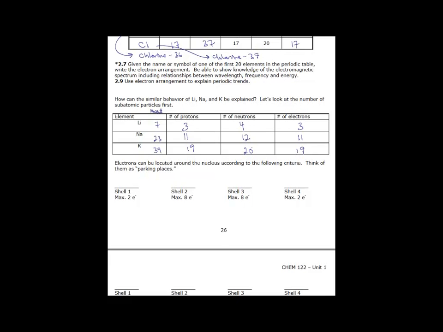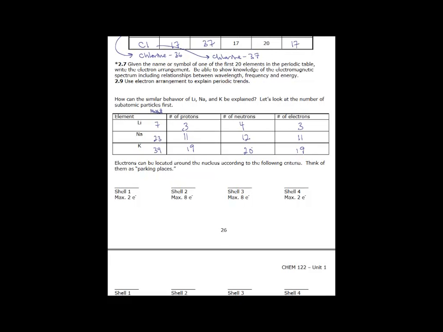So you would think if these elements are arranged in the same group, that they would have something in common, that the protons would be the same, or the electrons would be the same, or the neutrons would be the same. But you can see lithium, sodium, and potassium, that are all members of the alkali metals group, have different numbers of protons, electrons, and neutrons.